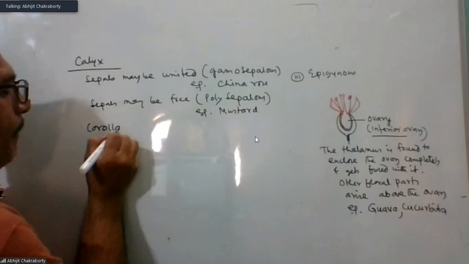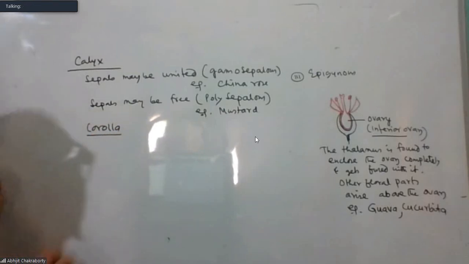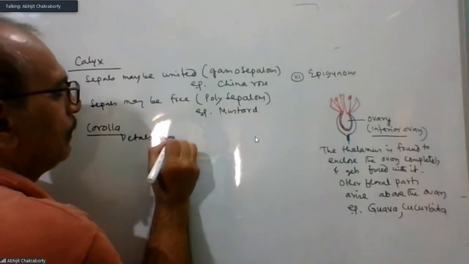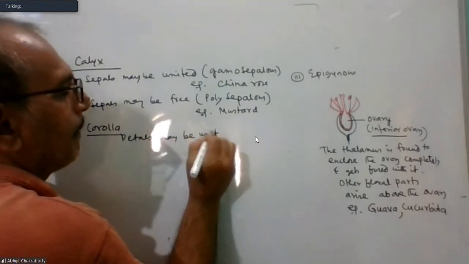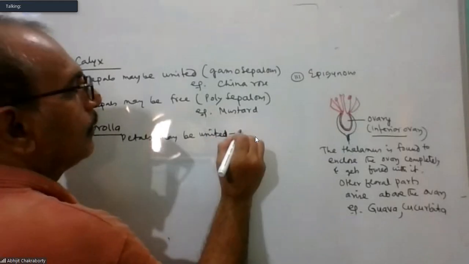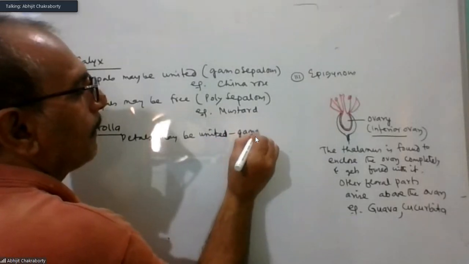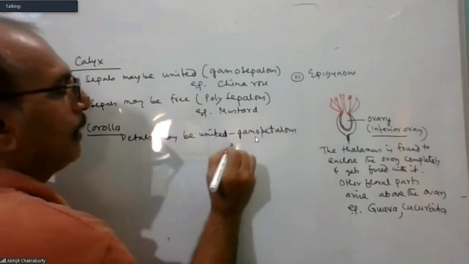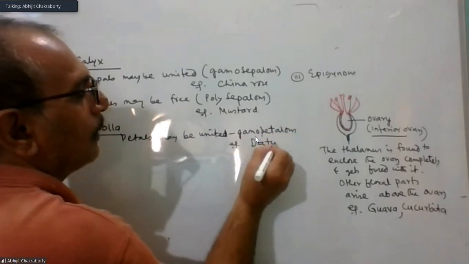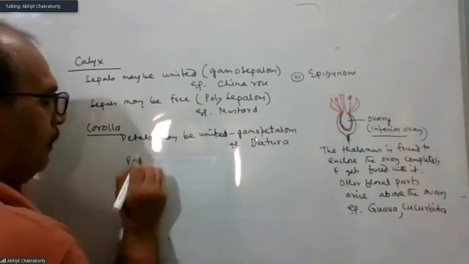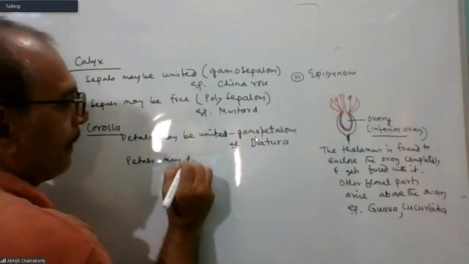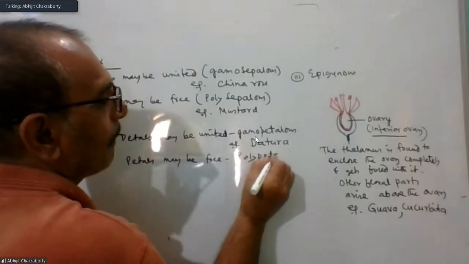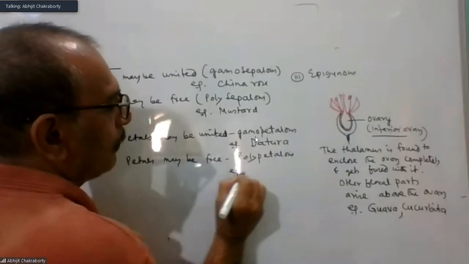Corolla. Petals may be united, gamopetalous. Example, Datura. Petals may be free, polypetalous. Example, mustard.